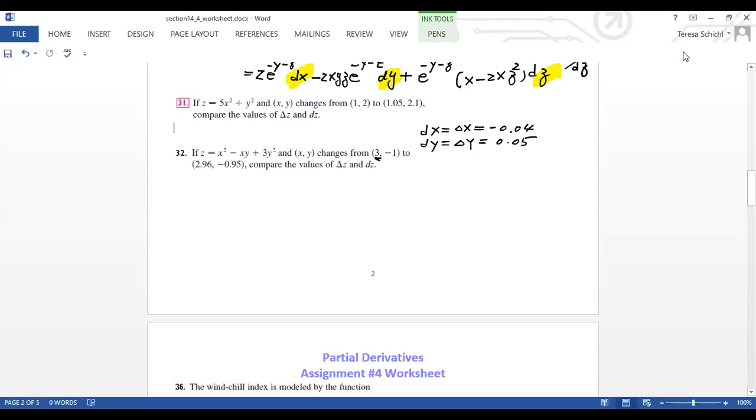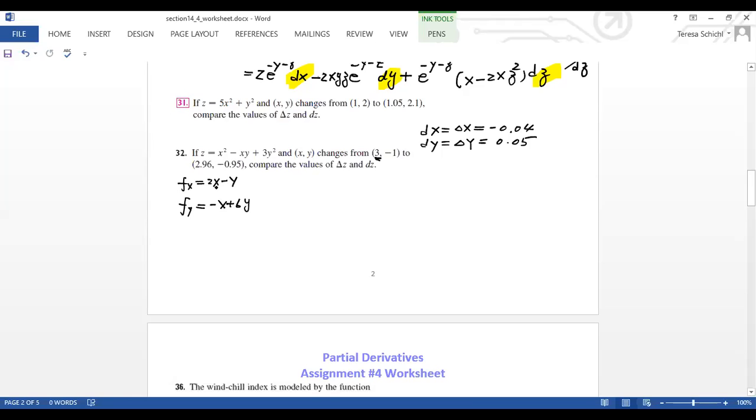All right, now let's take a look here. I need to do the partial derivative with respect to x, so it will be 2x minus y. And then I do the partial derivative with respect to y, it's negative x plus 6y.